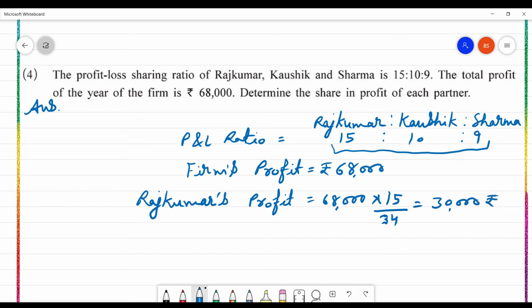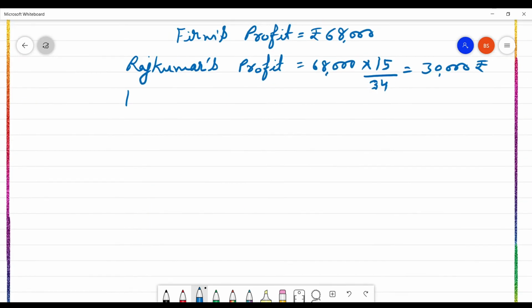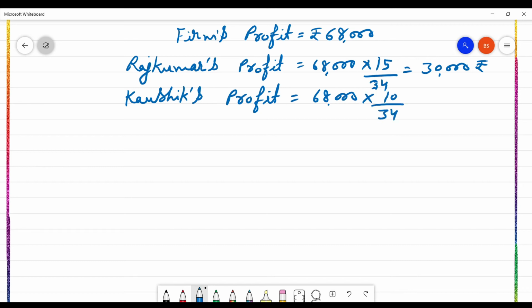Then Kaushik's profit equals 68,000 into 10 divided by 34.